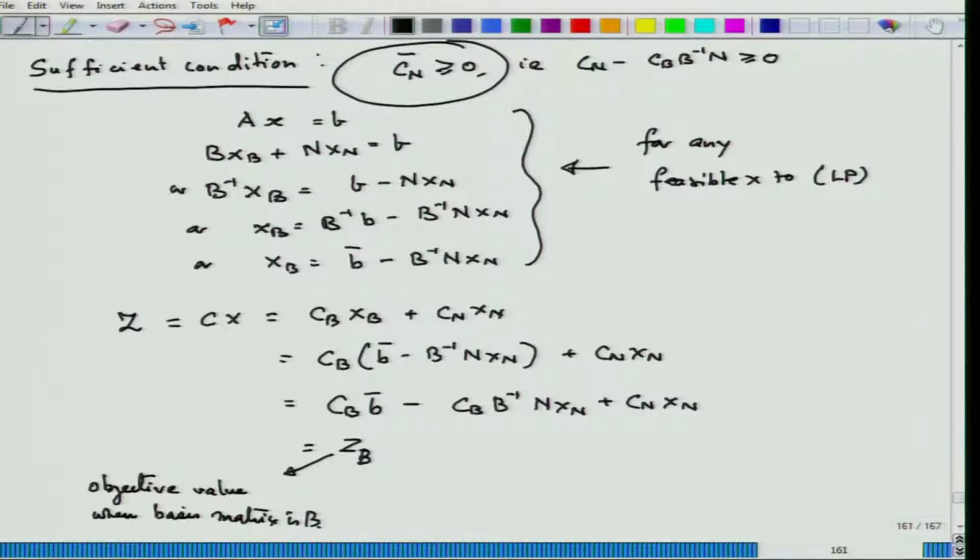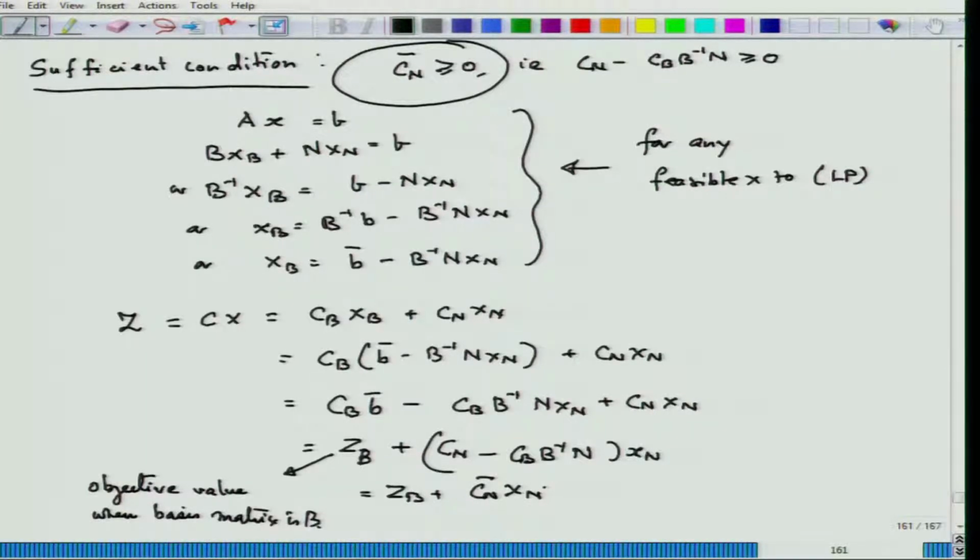I made a mistake in my speech. Now, I can combine these two to write plus Cn minus Cb B inverse N Xn. So, what I get is Zb plus Cn bar Xn.